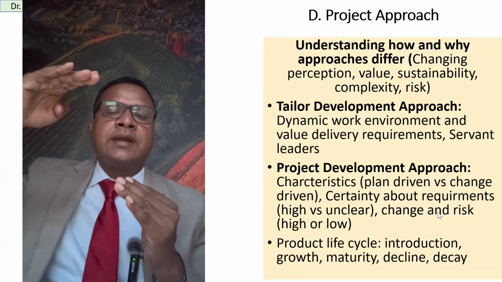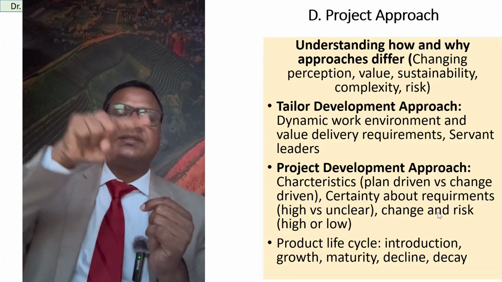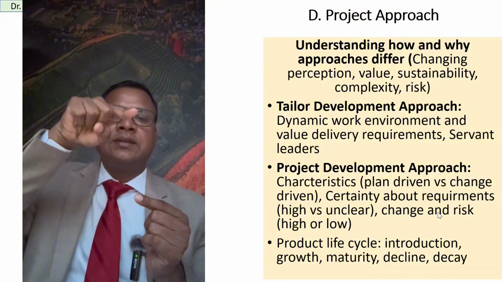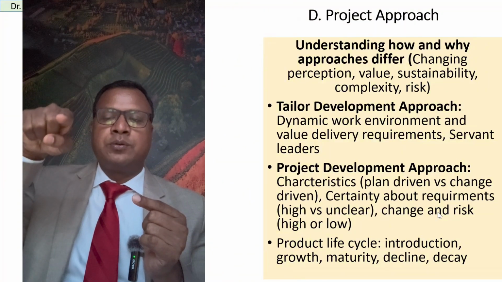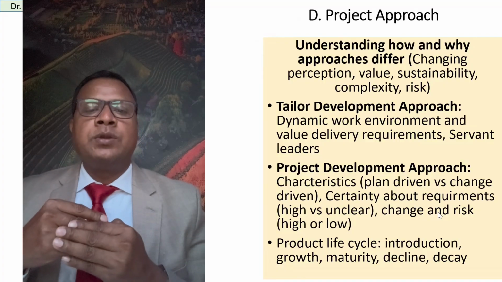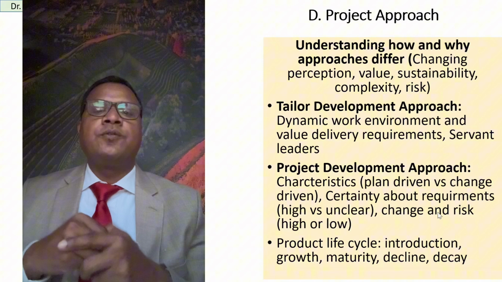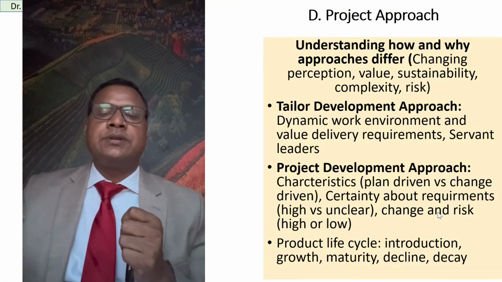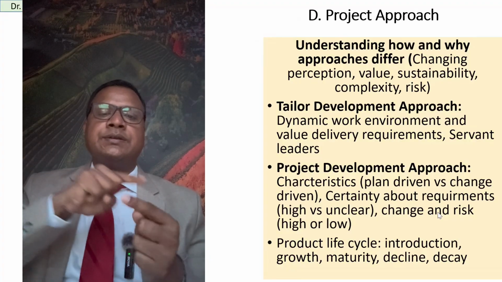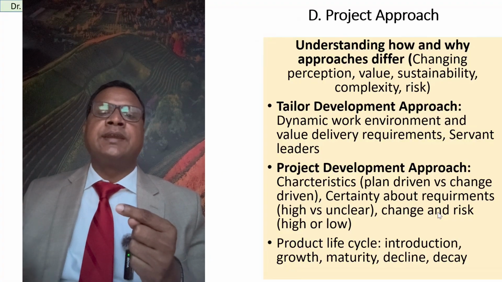At one point, maturity happens. Then again, it declines. So the graph is like this: initially introduction, then growth, then the mature point, then it comes down, declines, and lastly decay. Like a human being, a project also has a certain time. It cannot be for the long term. So this way it works, the product life cycle and project life cycle: introduction, growth, maturity, decline, and decay.